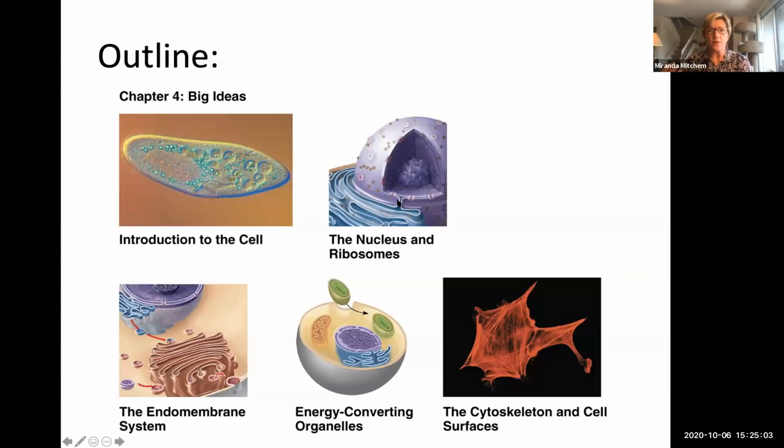So we'll learn about the nucleus and ribosomes, the endomembrane system, the organelles that are necessary for processing energy, and then also the cytoskeleton and different structures that are present on the surfaces of cells that allow them to communicate with one another.